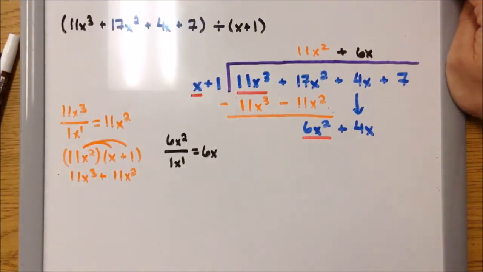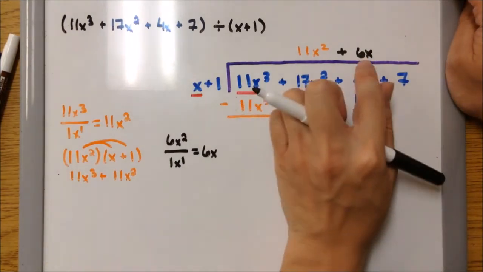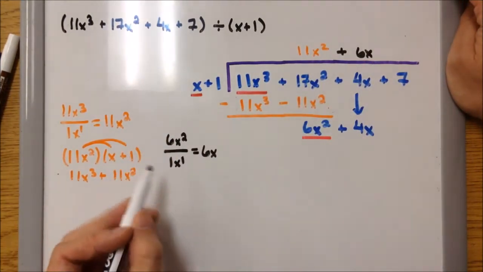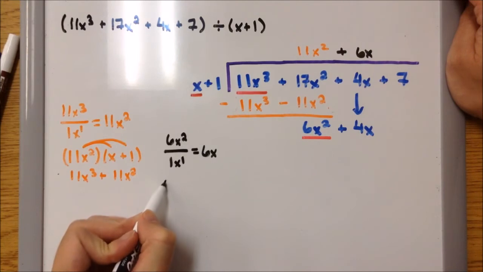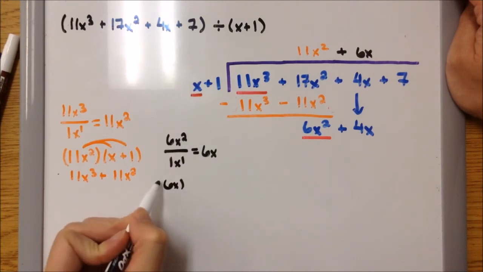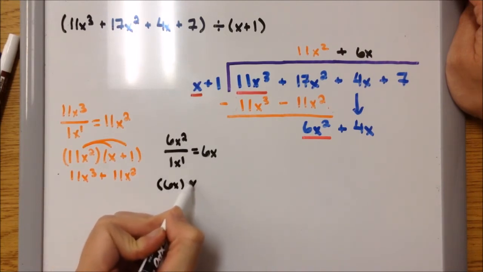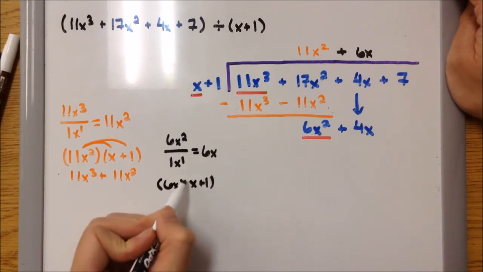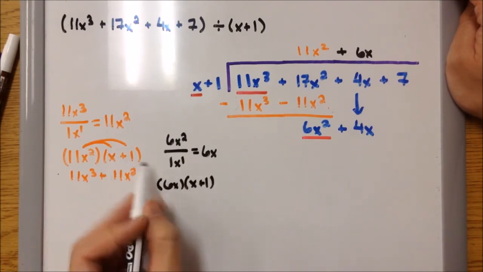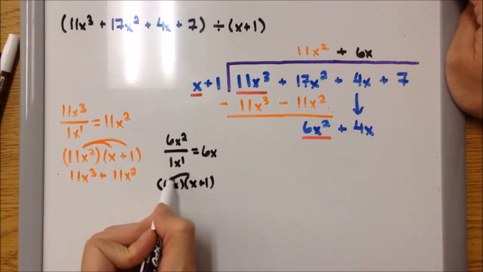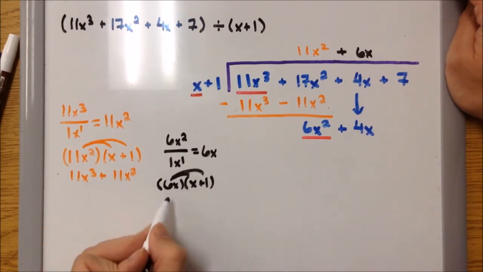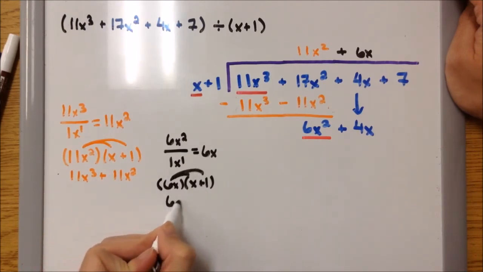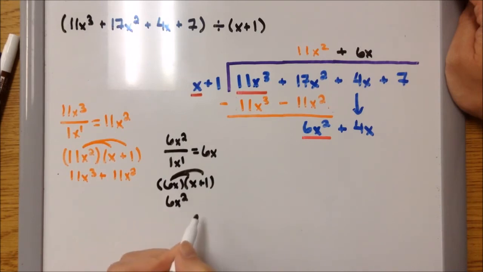Now, I'm going to multiply the 6x to that divisor, x plus 1. So I'm going to write right here, 6x times x plus 1. I'm distributing the 6x to this x and that plus 1. So here we're going to get 6x squared.